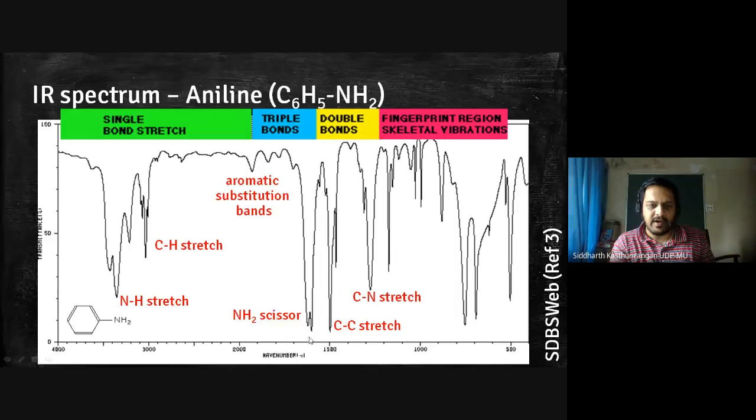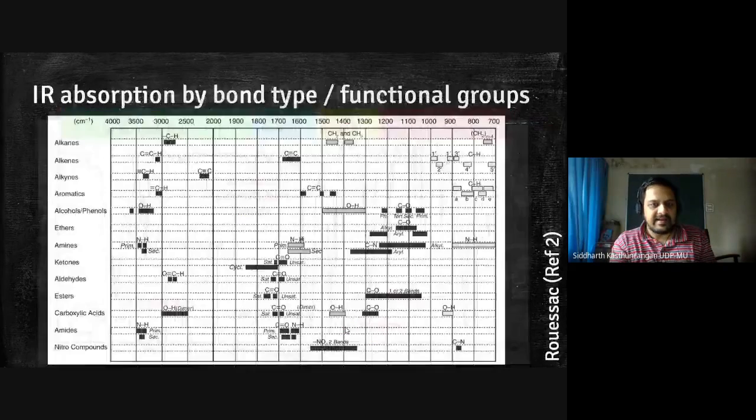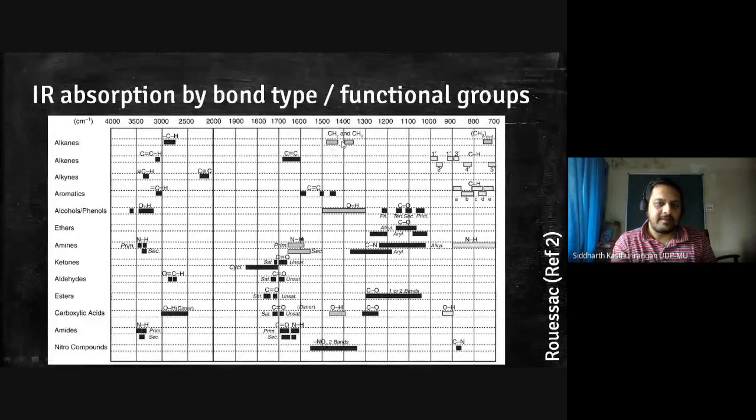The 1600 band is dominated by the NH2 scissoring vibration. But here this is due to the CC stretching, C double bond C and C single bond C, the aromatic stretching. If you see the same one in alkane, it is slightly shifted to the other side. It is near 1450 and so on.